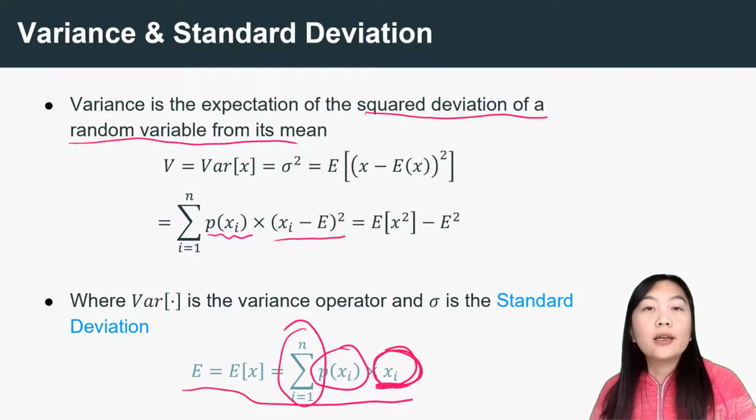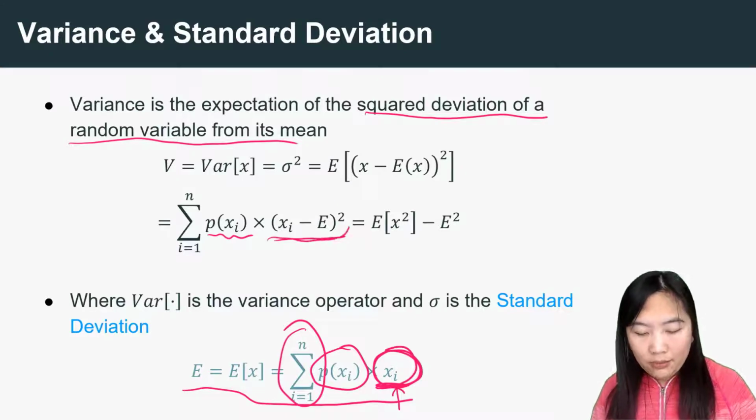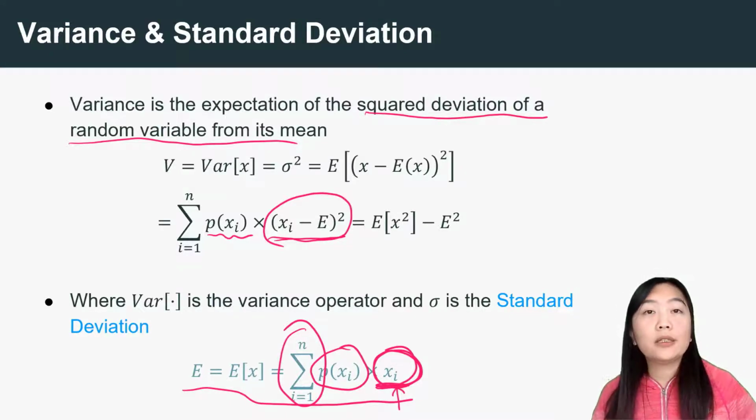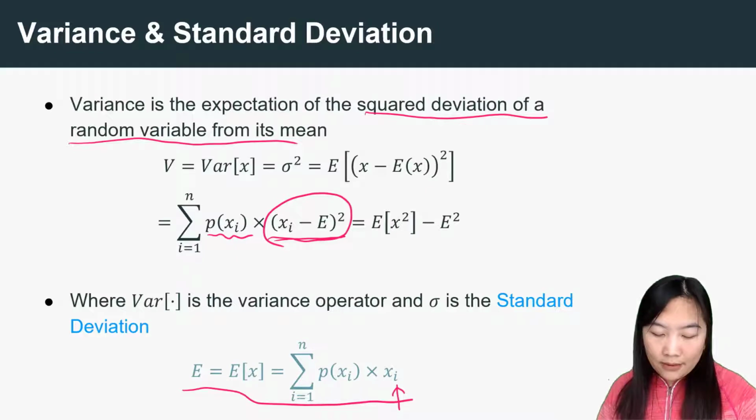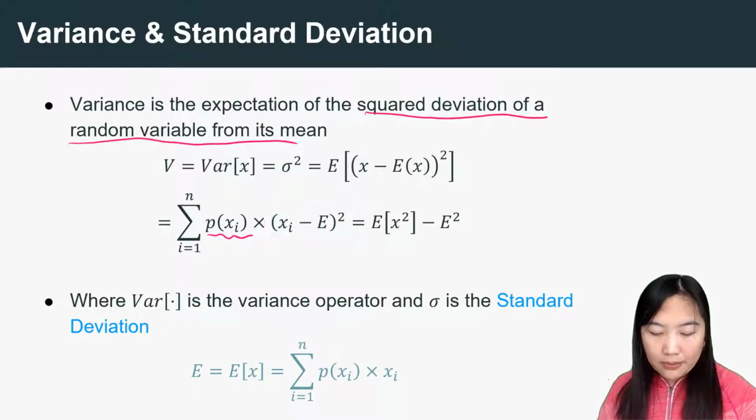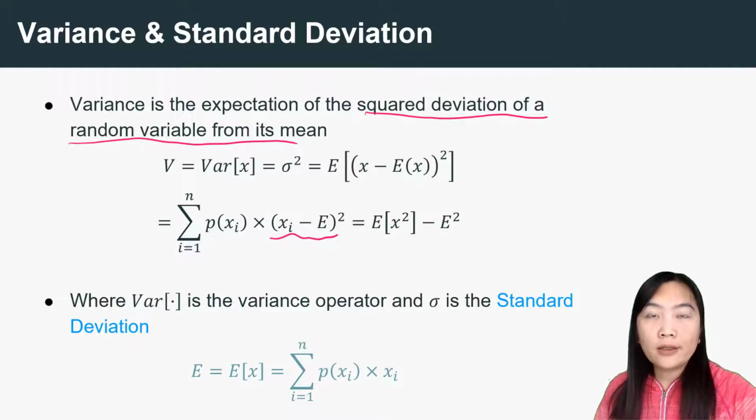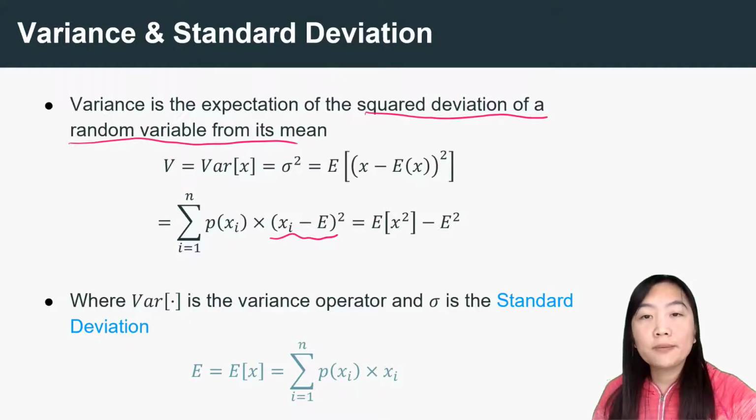When you're calculating the expected value of x, you put xi here. However, if you're calculating the expected value of the squared deviation, you put the squared deviation here. So both variance and mean are expected values. The difference is what's multiplied by the probability.